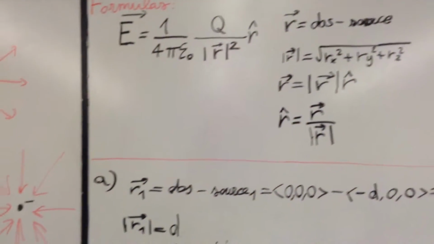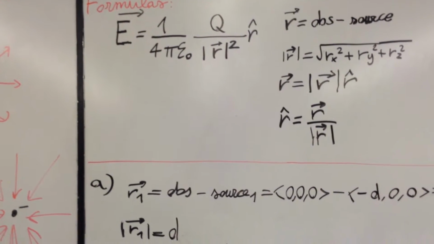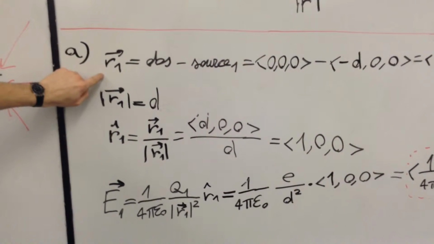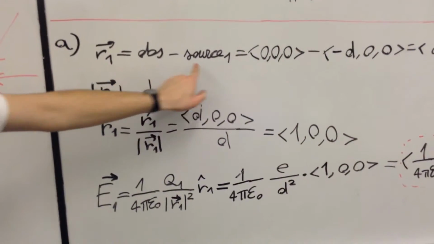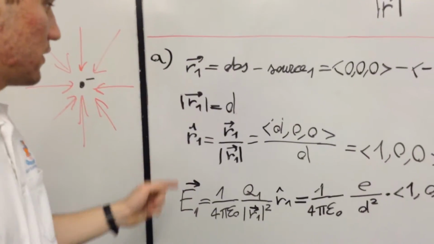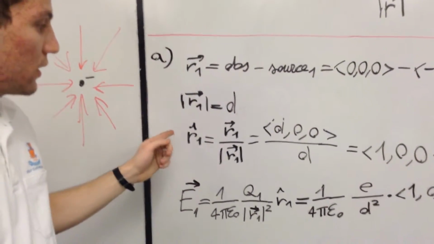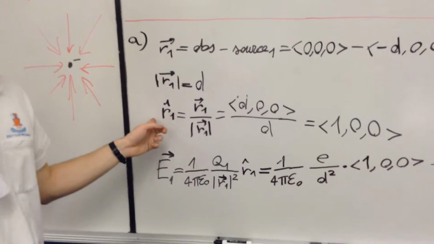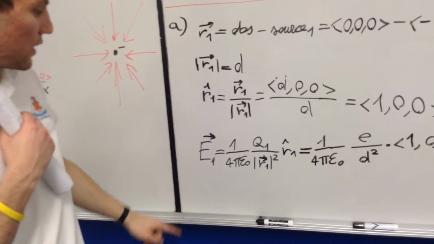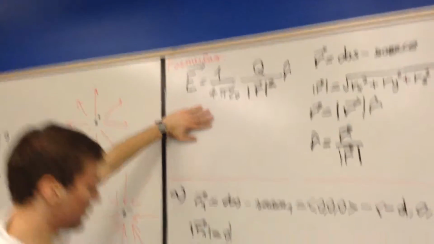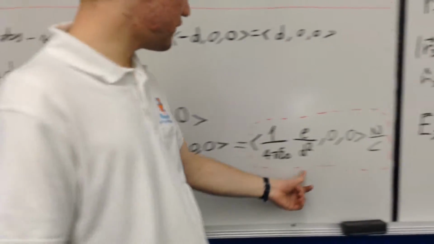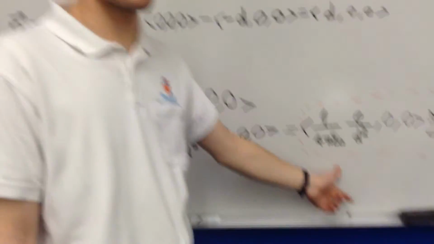We shall first determine the electric field in symbols for Q1 by first determining the r vector, which is the distance between the observed location and the source location, so the location of charge 1. Then determine the magnitude and the unit vector that describes the direction, and plug all of this into that same equation, applied to this scenario, and you get this final value here.